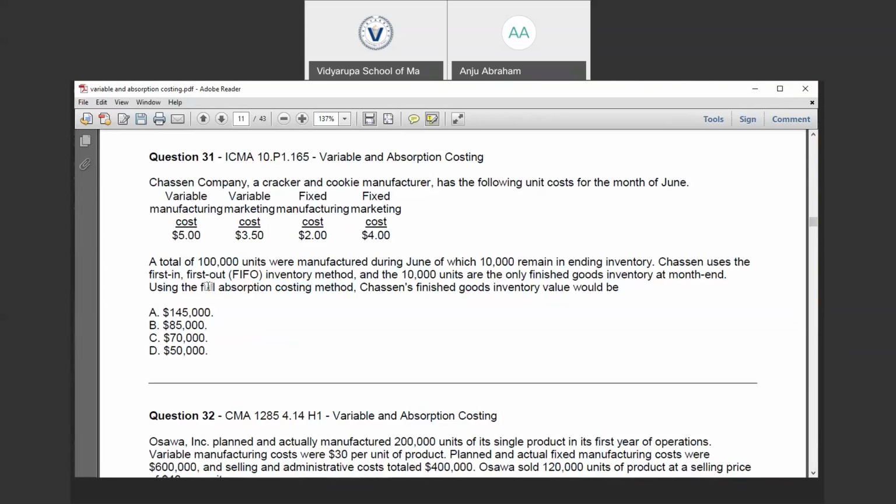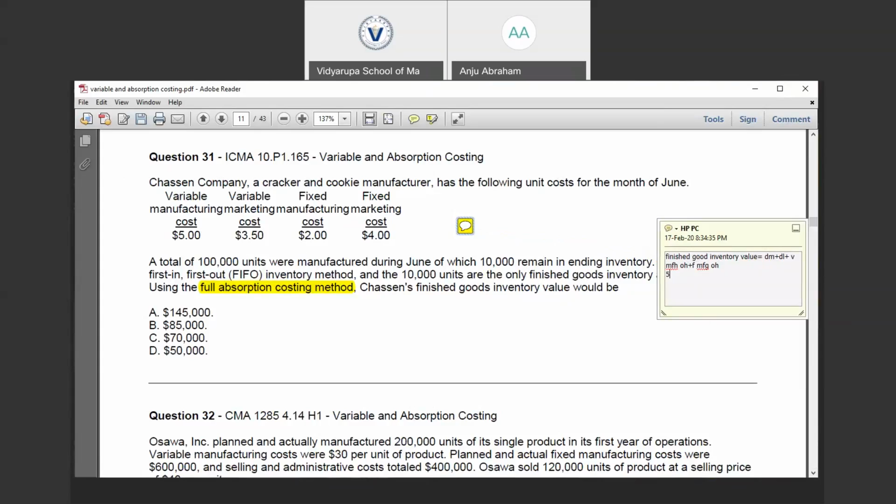If the absorption costing method is used, the finished goods inventory value equals direct material plus direct labor plus variable manufacturing overhead plus fixed manufacturing overhead. So we need to compute this value. Total variable manufacturing cost is provided to us. This is 5.